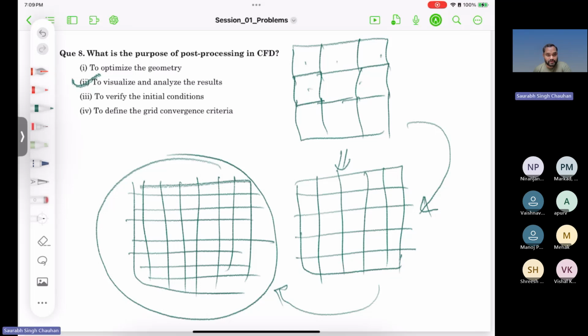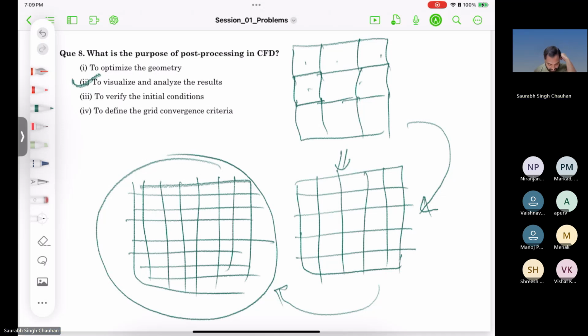So whenever you're doing these analyses, you take not just one mesh, you take many meshes with the reducing size of the cells. Then you will select that one for which your results are accurate enough. Okay, there is not much change, right? So basically, you are doing a trade-off between the time and the accuracy.